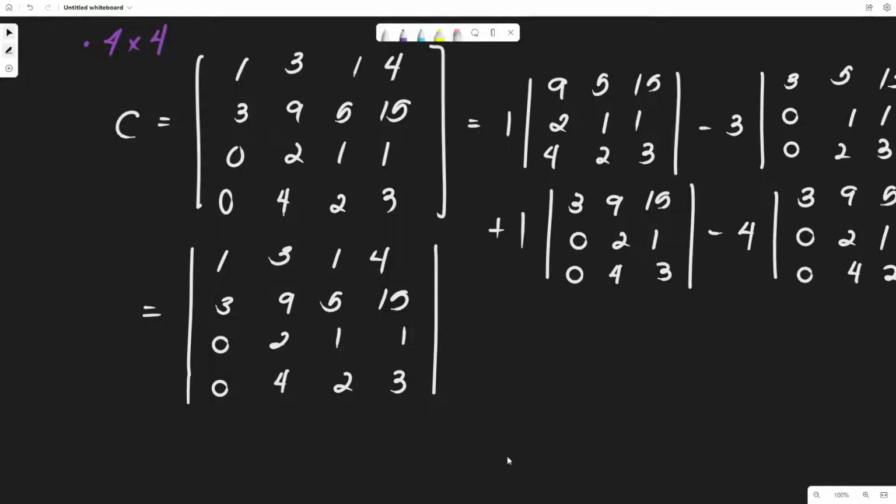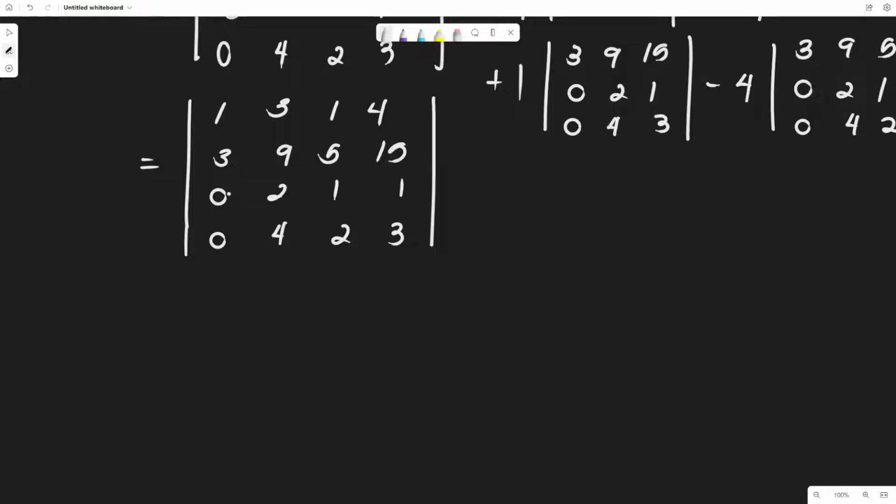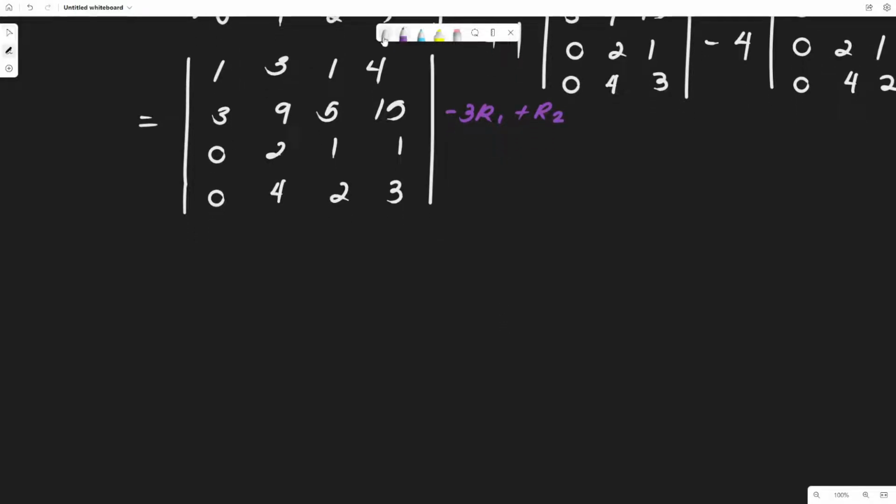Okay. So I'm already done here. So this is what I will do. I have here negative 3R1 plus R2, and I operate on it.